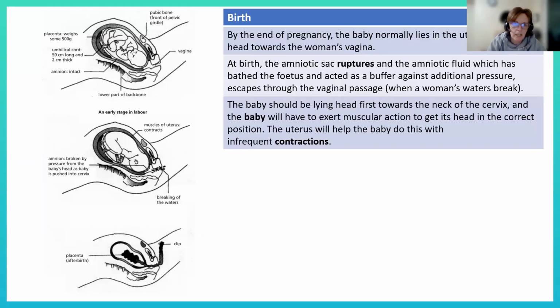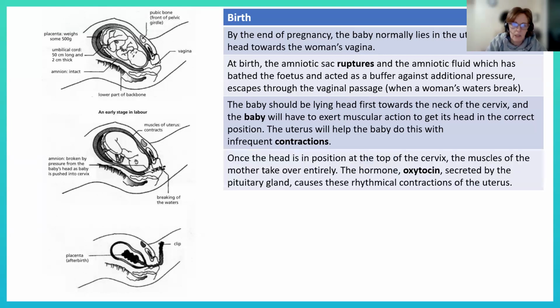If the baby's not in that way up, you might end up having to have it taken out with a cesarean section because it's really difficult to get it out if it's upside down or something. So once the head is in position, hopefully at the top of the cervix, the contractions start to happen.